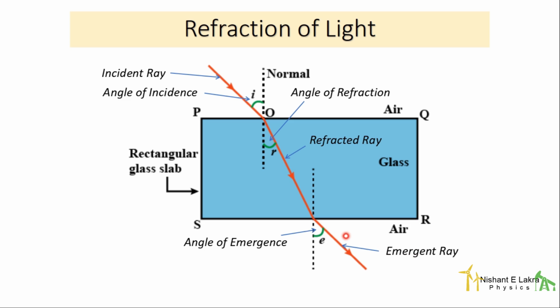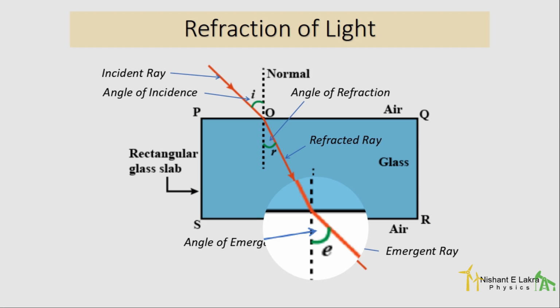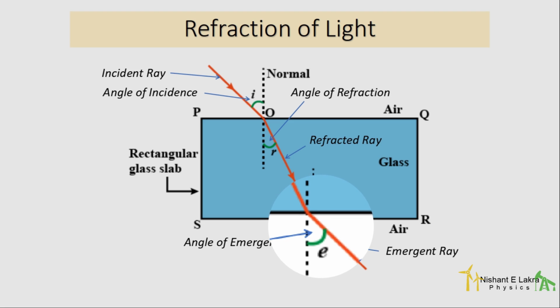Now this ray of light that emerges from the medium after refraction is the emergent ray. Okay, so the emergent ray is that ray that moves out from a medium after refraction. And here you notice that an angle is formed, the angle between the normal and the emergent ray, and this is known as the angle of emergence, and this is denoted by the letter small e.